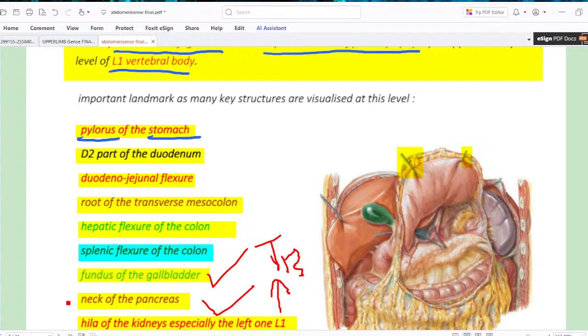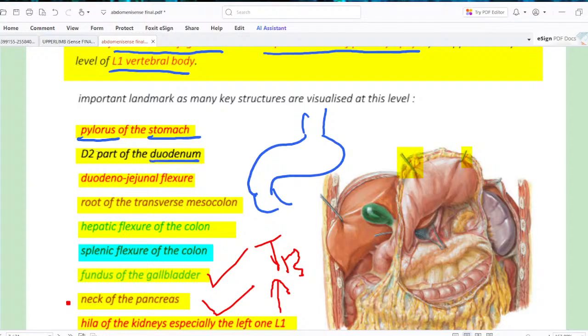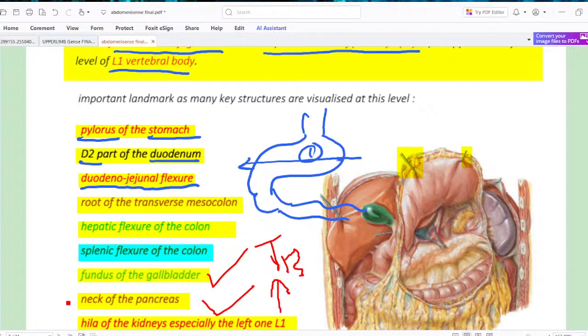Pylorus of the stomach, duodenal partition.